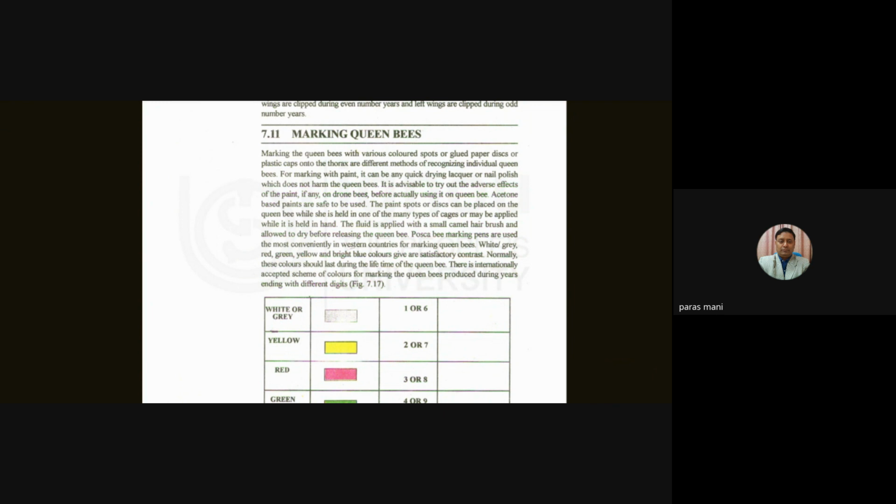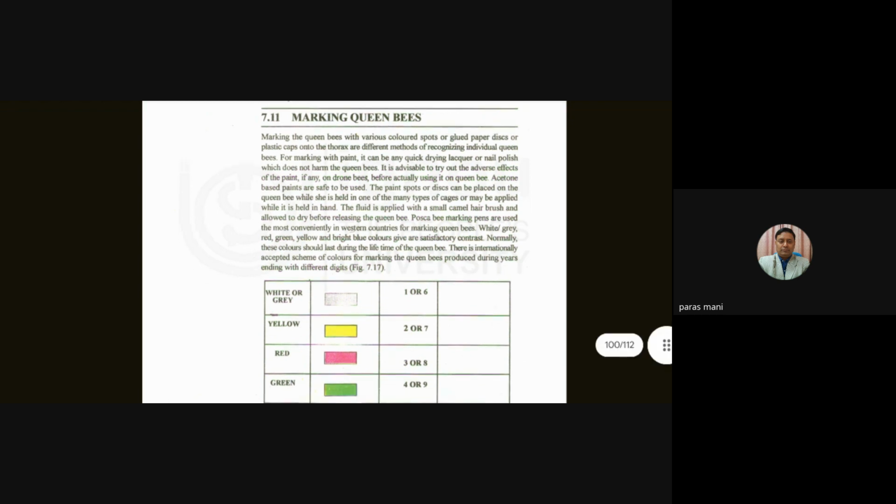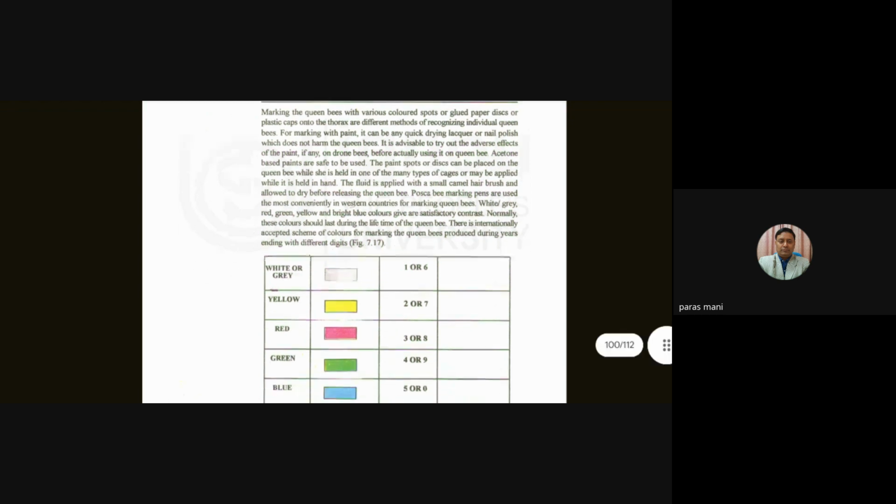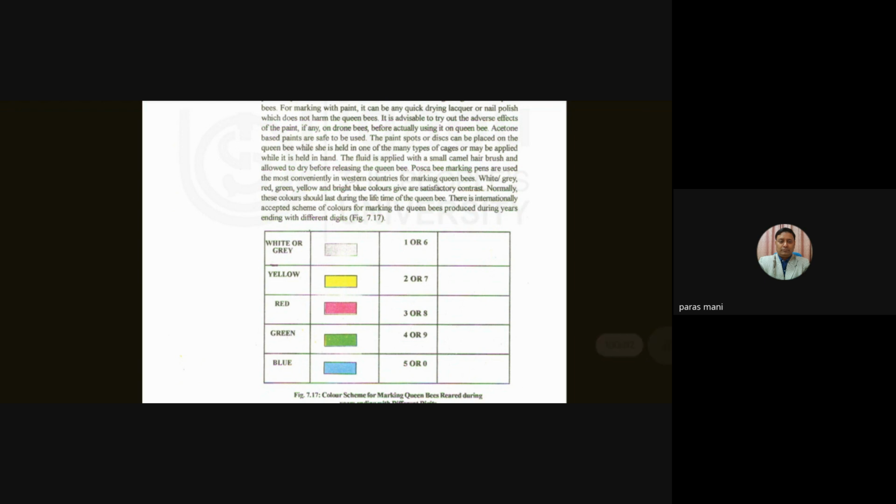One of the reasons the queen bees must have a broader thorax is to hold the marking. We can use a permanent marker or non-odor paint material, and mark on the thorax, between the wings, on the center of the top of the thorax for identification with these different colors.